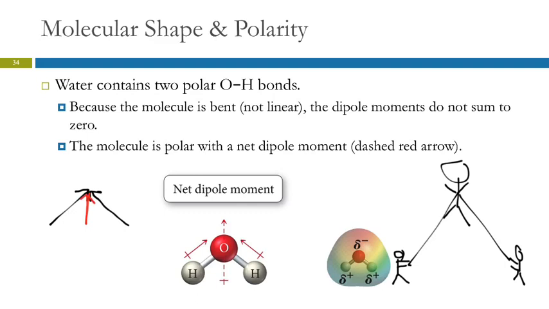The sum of those would be in this direction. So there is a net vector. Water is a polar molecule. The oxygen end is slightly negative. The hydrogen end is slightly positive. And that has a tremendous effect on the properties of water. Any questions?